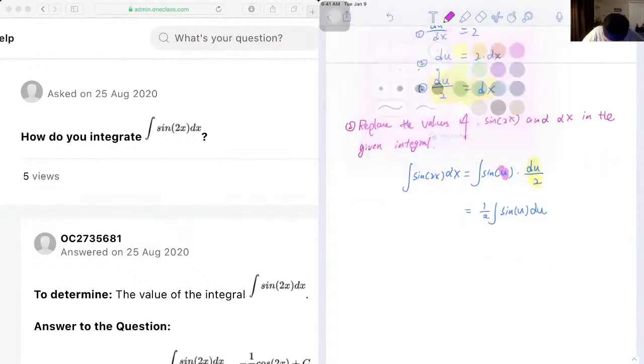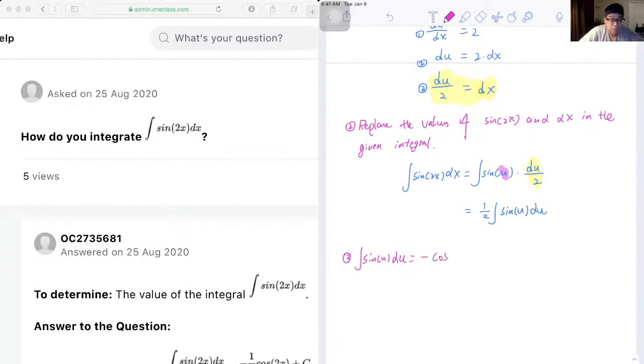So next step, we know that the integral of sine u du is equal to negative cosine u.